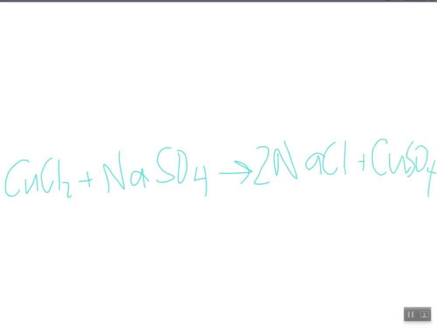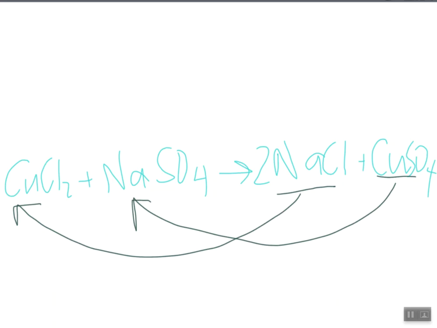So as you can see, Na replaced Cu, and Cu replaced Na. So it's 4 elements that replace each other.